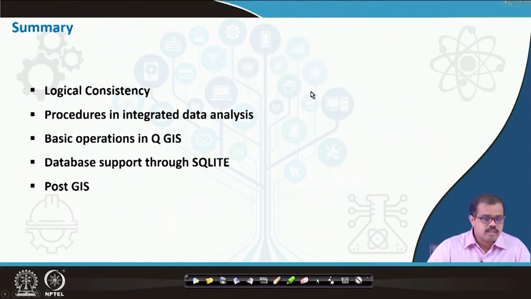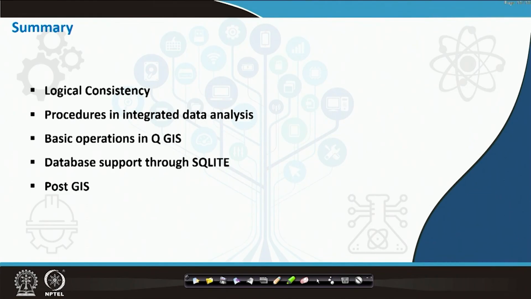So in summary, we looked at what logical consistency means and how you have to maintain logical consistency. Then procedures in integrated data analysis, we looked at what the different procedures are and how we look at procedural inputs to GIS. Then basic operations in QGIS, how we'll do it. Then we looked at SQLite, PostGIS, then pgAdmin, etc. So finally we ended with PostGIS and pgAdmin.